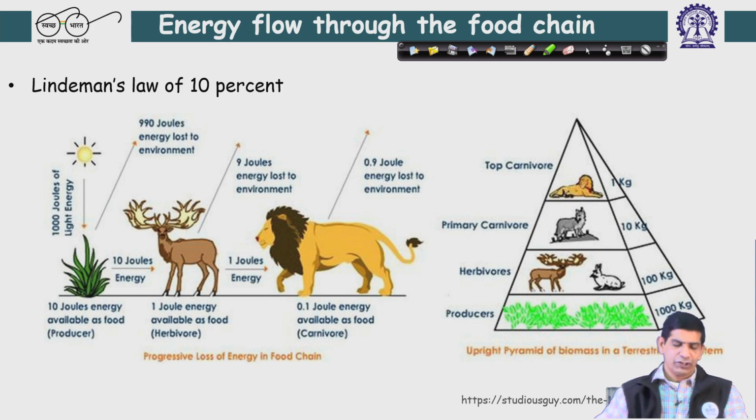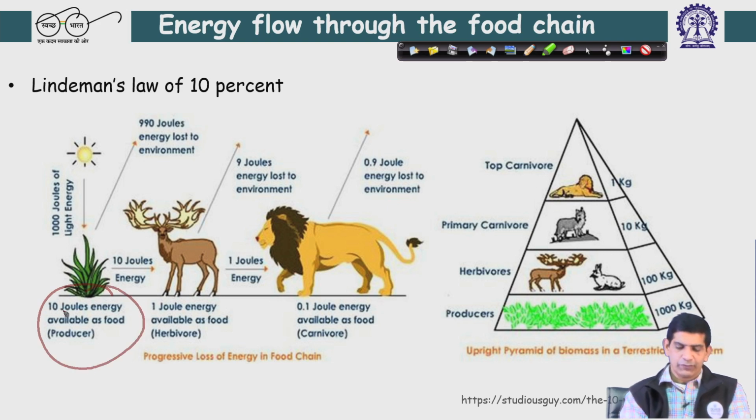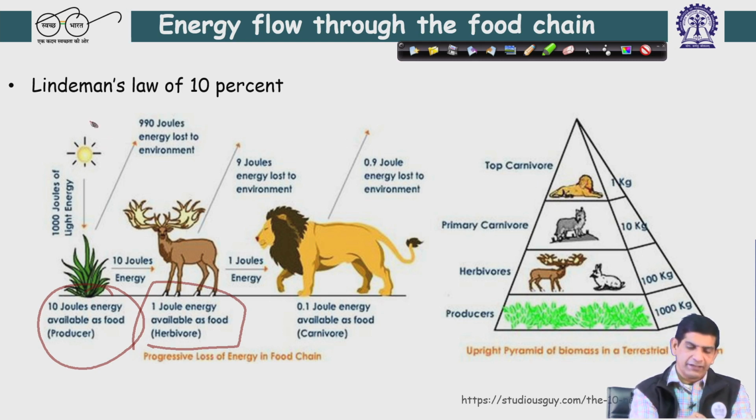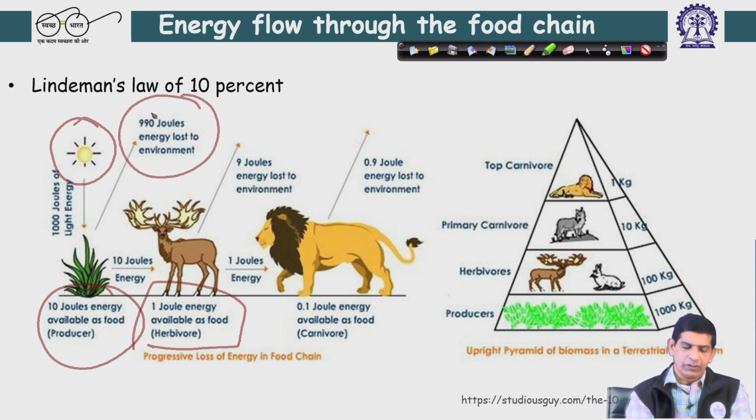So, even if 1000 joules of light energy is coming in, 990 joules of energy is lost to the environment, and only 10 joules is available for the production of food.